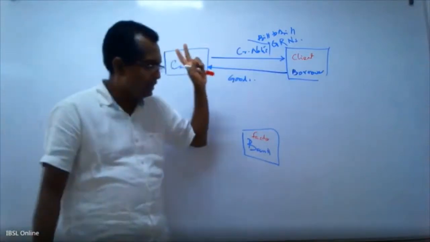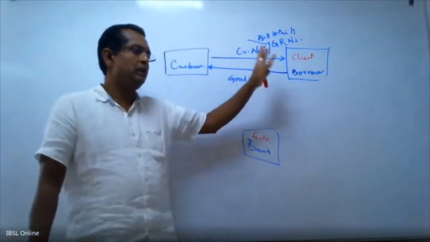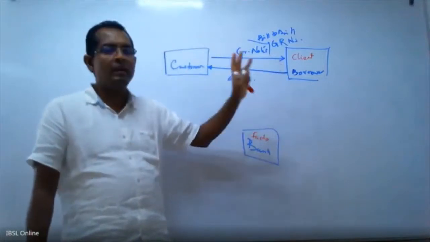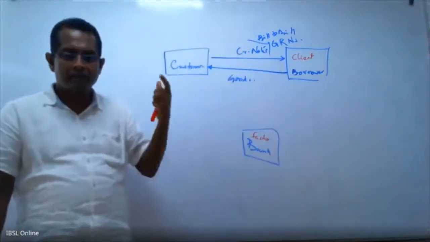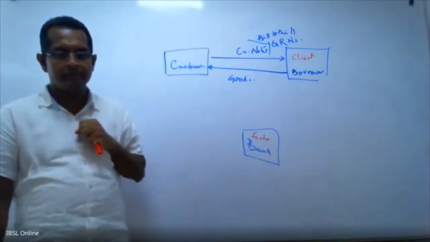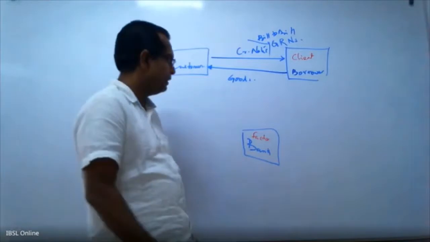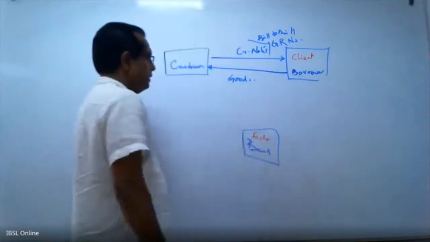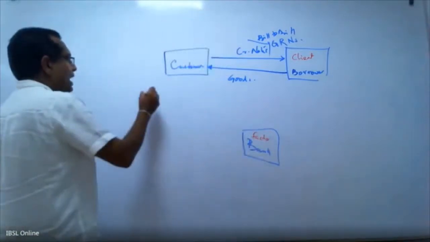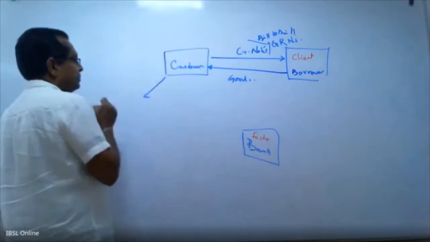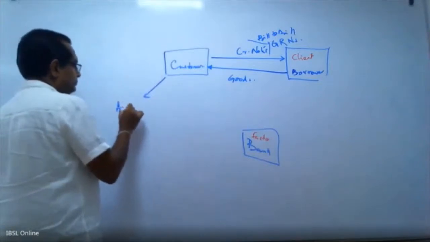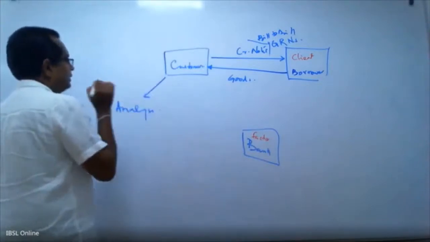So since he is selling on credit, he or she or the business will create a working capital requirement. Under factoring, what happens is the bank will analyze all these customers, right?